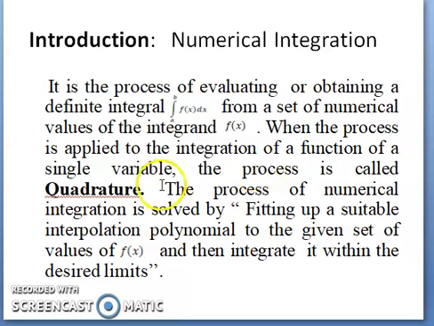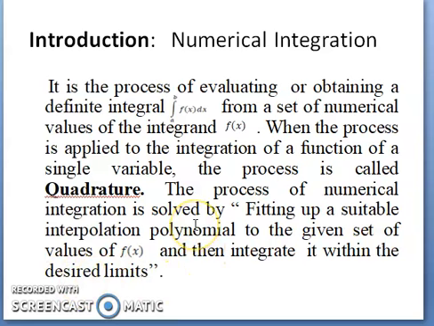When we have a single variable polynomial and solve the integration of a to b f(x) dx, then this type of process is known as quadrature. The process of numerical integration is solved by fitting a suitable interpolation polynomial to the given set of values of f(x), then integrating within the desired limits.